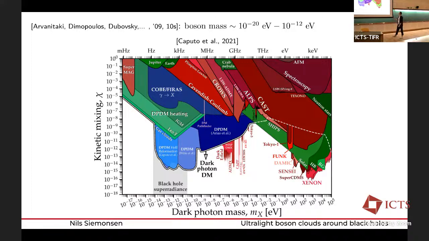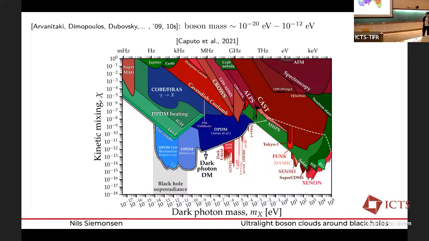Roughly speaking, everywhere there's a color here means that we are confident that this particle doesn't exist. But conversely, on the bottom side of the plot, there's just white, because we can't make a measurement there that can confidently rule out or prove the existence of this particle.